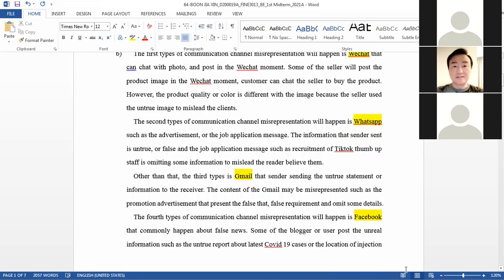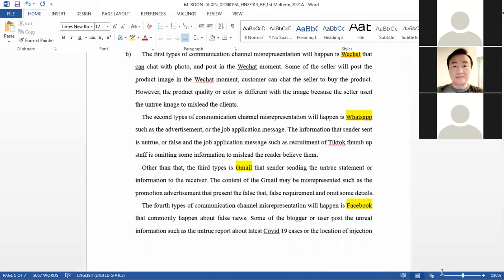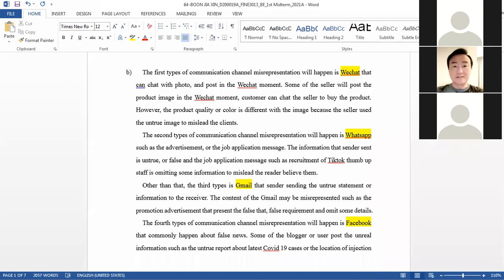Now, this part here, you pay attention. Right, you mentioned WeChat, WhatsApp, Gmail, Facebook. So basically, you're only mentioning one type of communication channel, electronic communication channel. Are you with me?